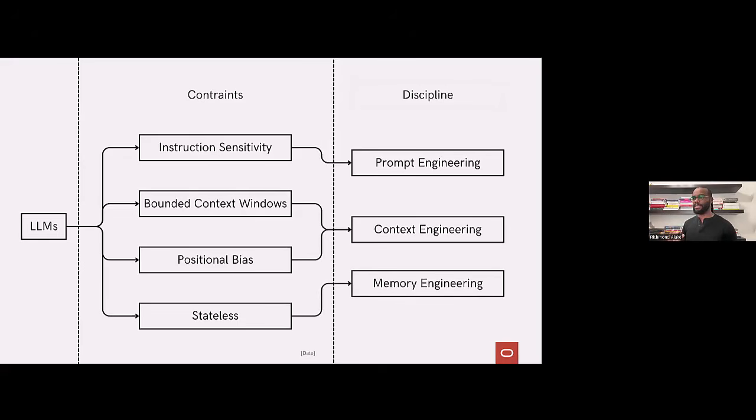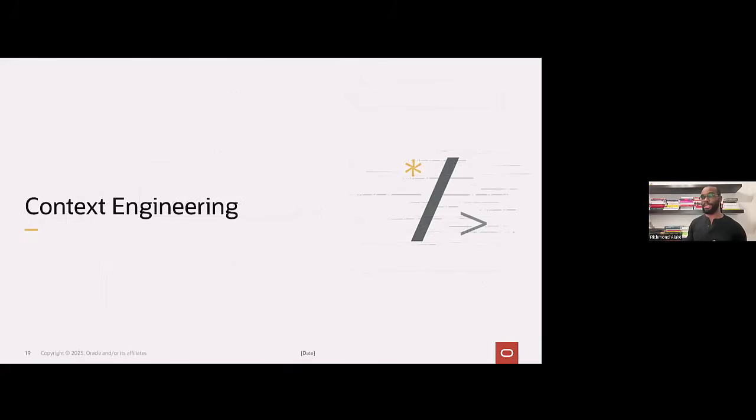And for the statelessness of LLMs, we have memory engineering as a discipline to solve that. So if you're an AI developer building AI applications, or an agentic application, look into some of these disciplines, or you might find yourself using techniques from them, a lot of which we're going to be going into today.